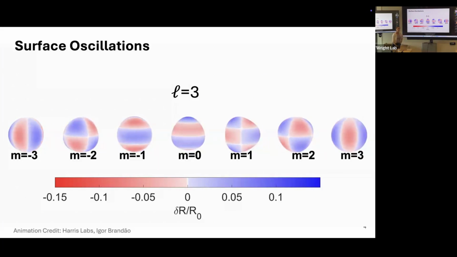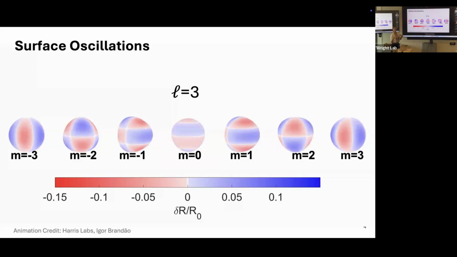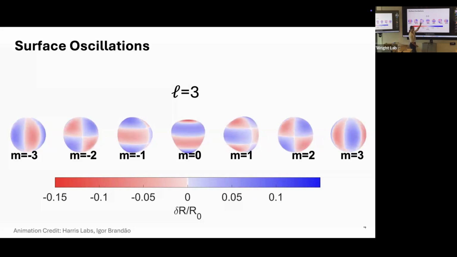So we have two categories. L is the amount of nodal lines. If you picture a standing wave with its nodes, that's basically what these are for the sphere. M is the orientation of these nodal lines. If you look at m equals -1, you have one almost vertically oriented nodal line, and it's rotating in a certain direction opposite to m equals 1.